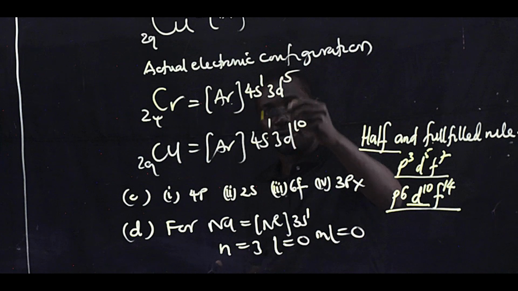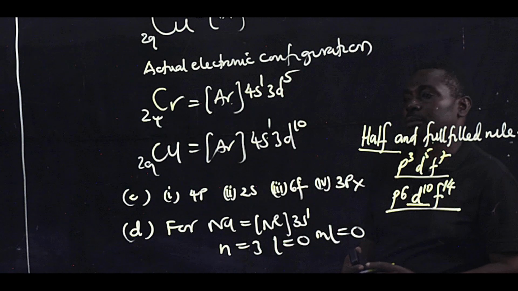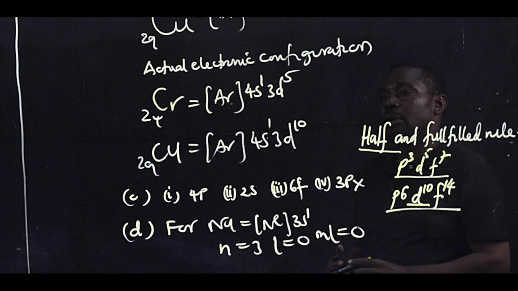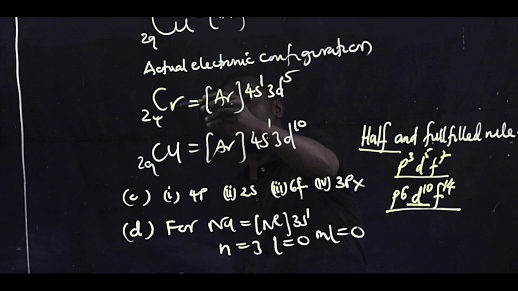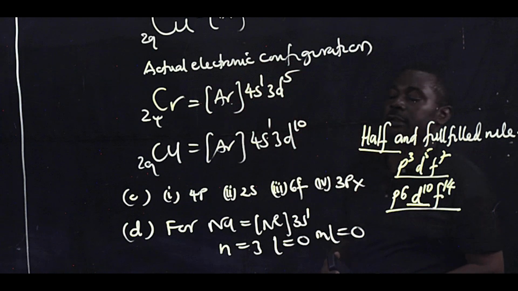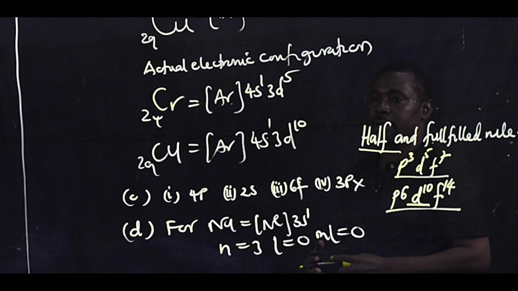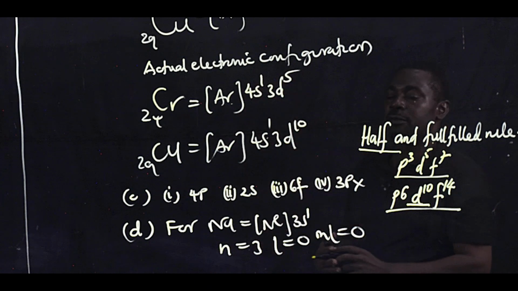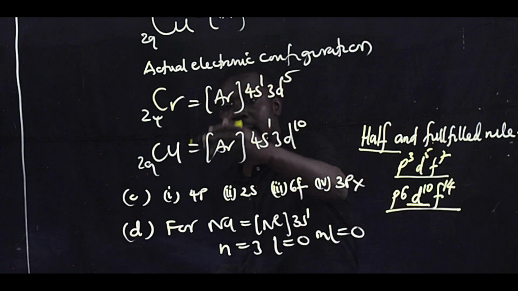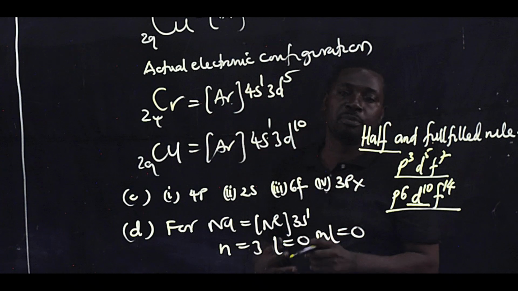Both orbitals are stable. And as a result, these two elements have an unusual or unique electron configuration, which disobeys the principle of filling electrons in orbitals known as the Aufbau principle.